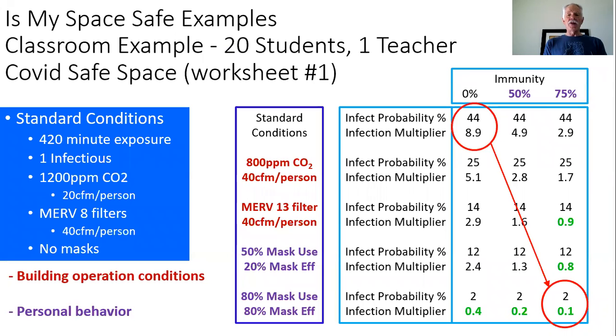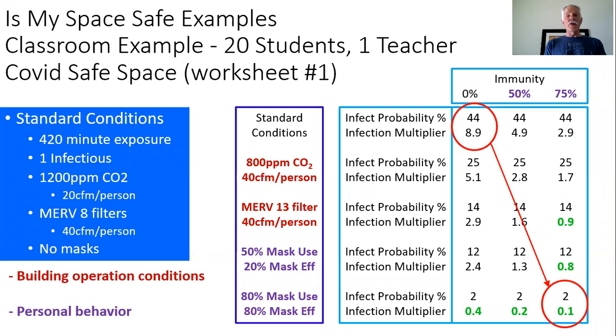And as we work from what would be the typical way that classroom would operate, in the upper left-hand corner of that chart with standard ventilation, standard MERV 8 filters, no face mask usage, we would see that we have about a 50-50 chance for the time spent in the classroom, maybe 7 hours spent together, of susceptible people getting sick, about like a coin toss. If you don't get sick today, you're going to get sick tomorrow, okay?